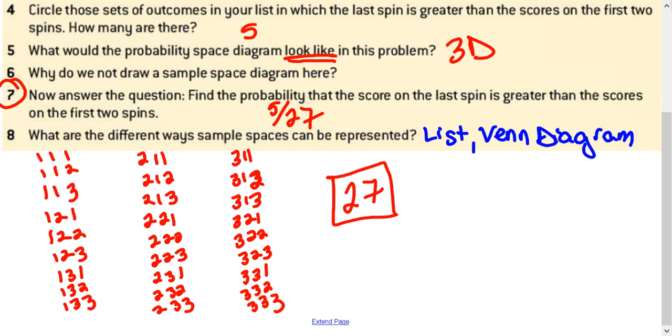How else could we represent our information? The chart, the probability space diagram. So being able to physically see it. Okay, two-way tables might be helpful with information as well. That's another way to do it.